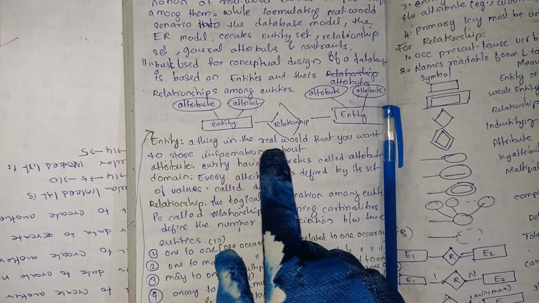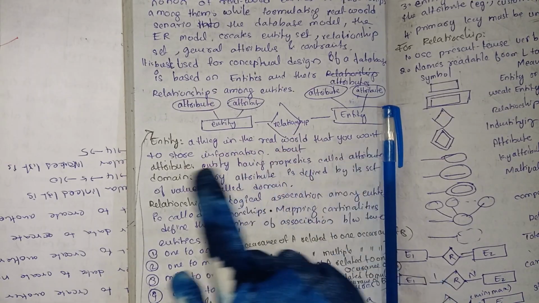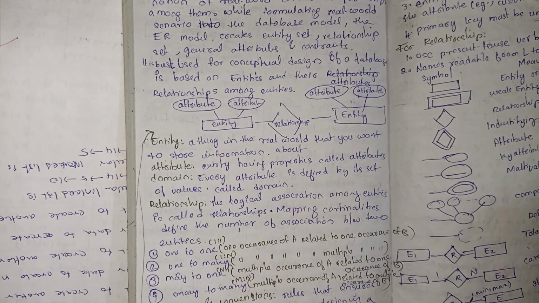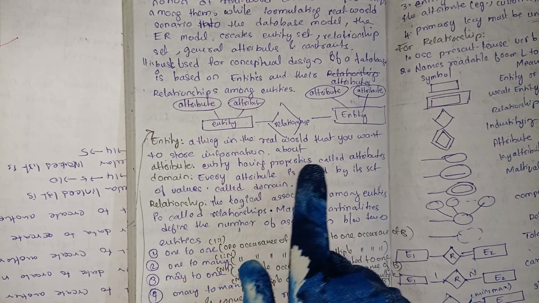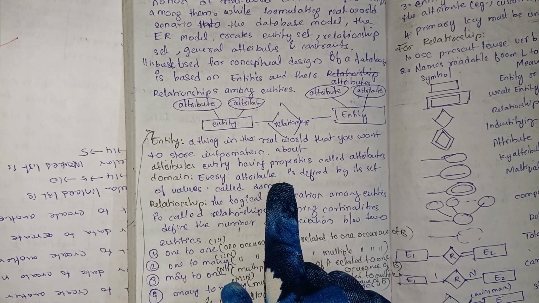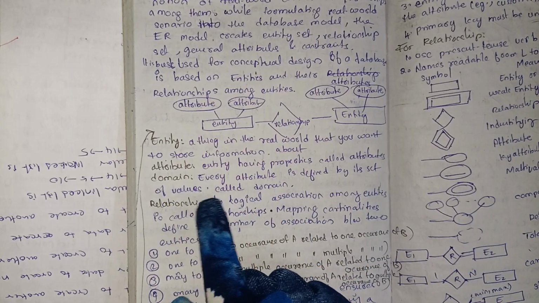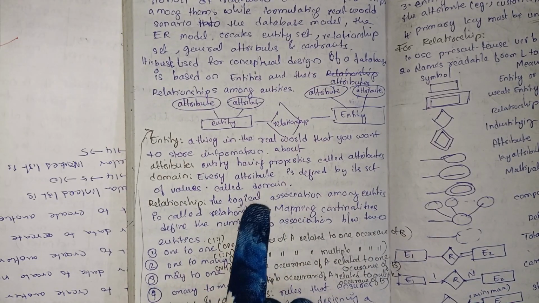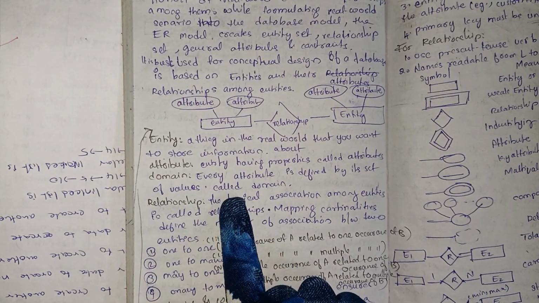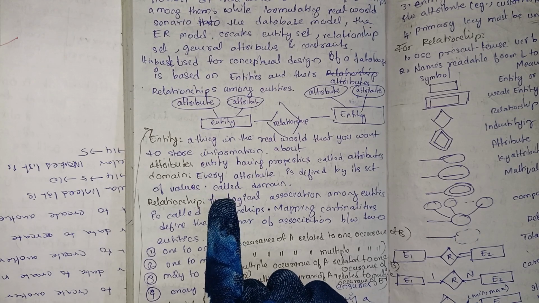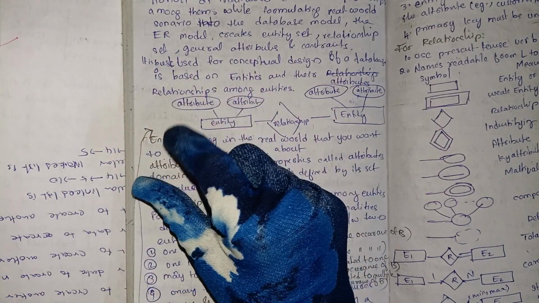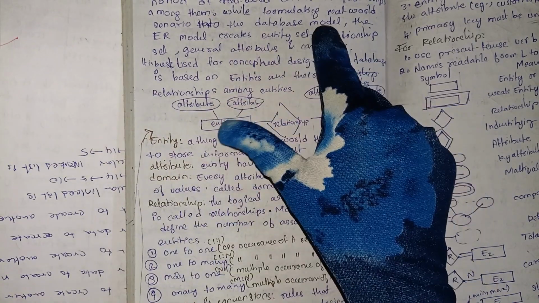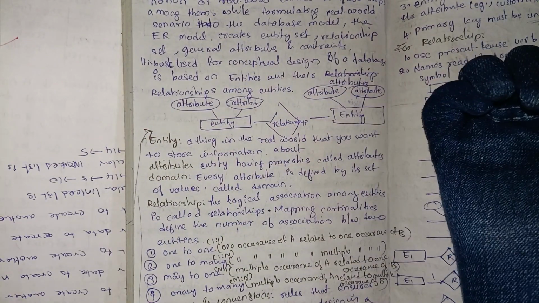An entity is a thing in the real world that we want to store information about, having properties called attributes. Domain: every attribute is defined by its set of values called domain. Attributes are also called columns. A domain means a specific varchar domain or int domain, like that.